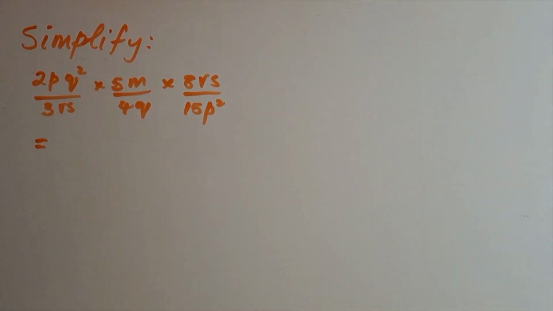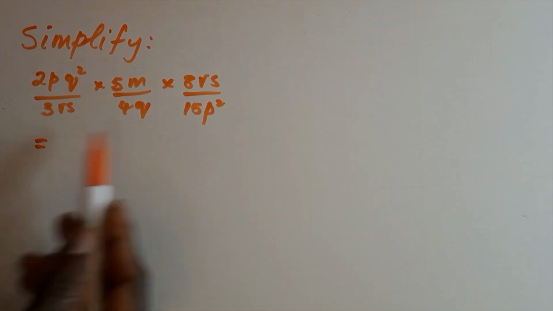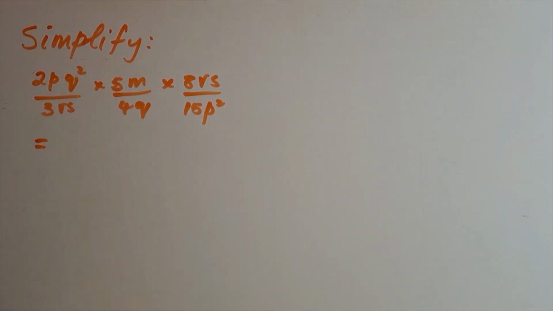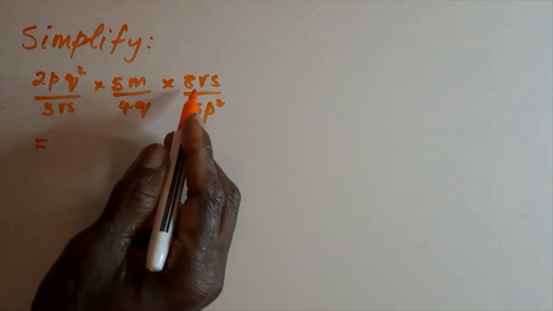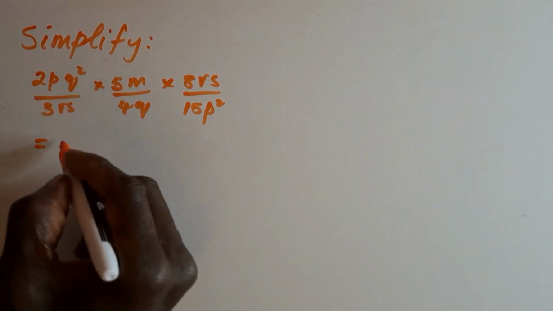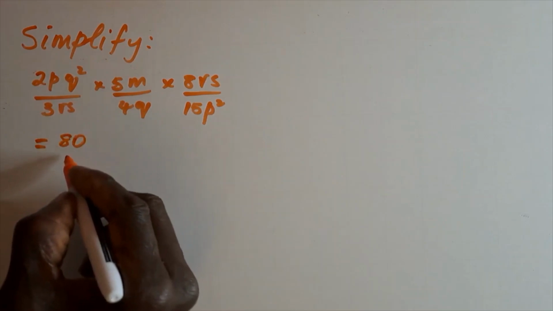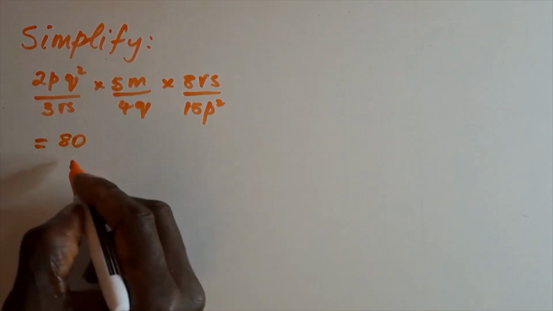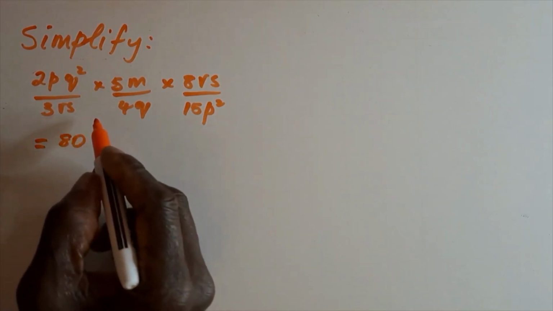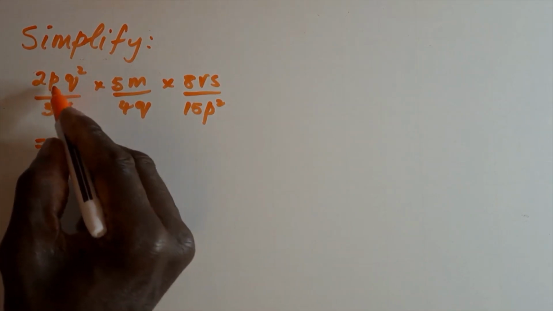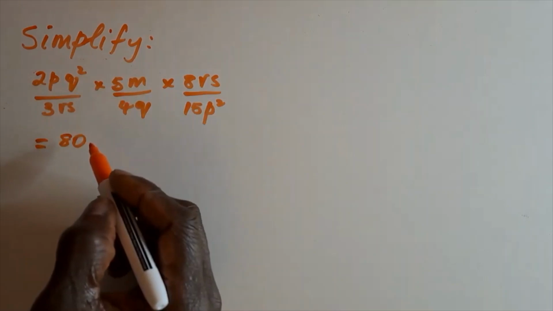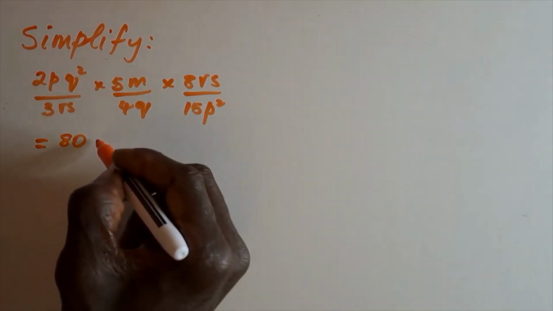How do we go about simplifying this? They've decomposed it, so we'll try and put it together, but before we do that, we'll gather all the integer terms so that we can see what we're doing. Here we have 8 times 5 is 40 times 2 will give us 80 in the numerator. Let's work out what we have with the terms.